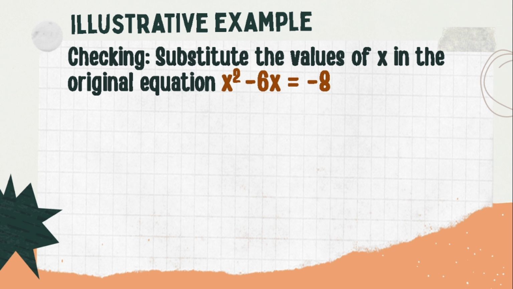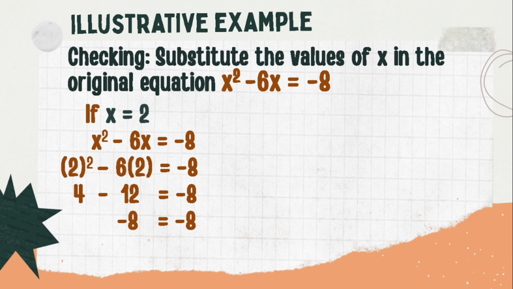If x is equal to 2, then 2 squared minus 6 times 2 is equal to negative 8. 2 squared is equal to 4. Negative 6 times 2 is equal to negative 12. 4 minus 12 is equal to negative 8, which is also equal to the other side of the equation, negative 8.